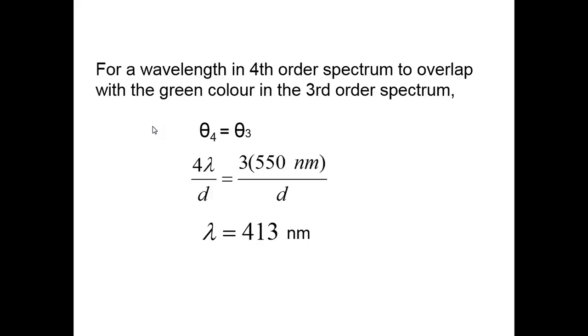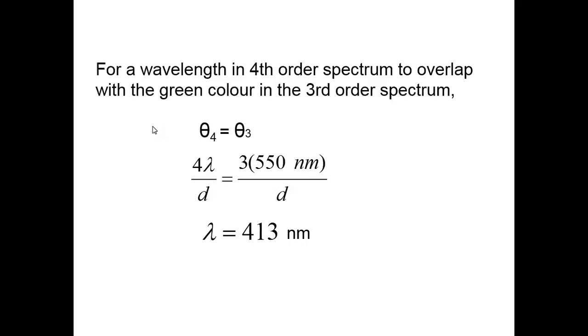In order for the two wavelengths to overlap, we need them to be at the same position. That means the theta must be the same. So theta 4, the light in the fourth order, must equal theta 3, the green light in the third order. Then recall we have sine theta equals n lambda over d.